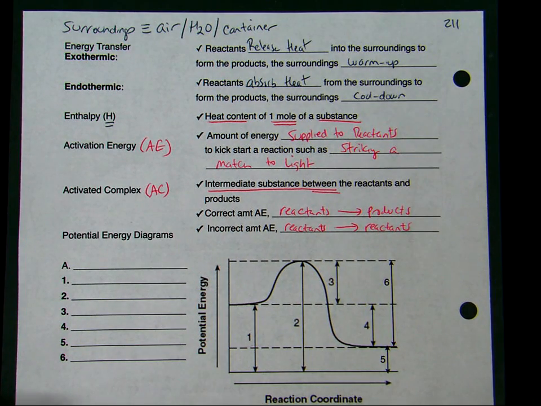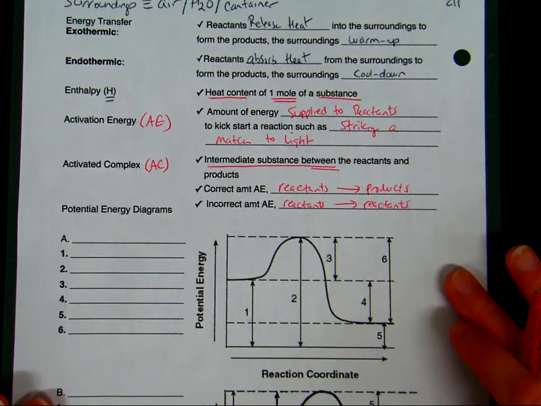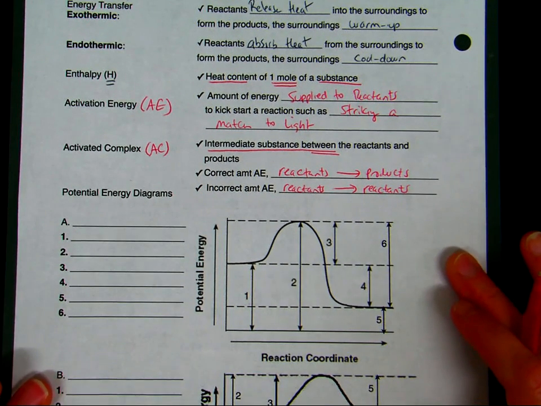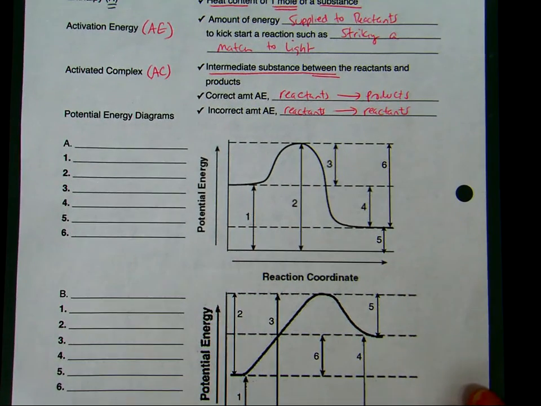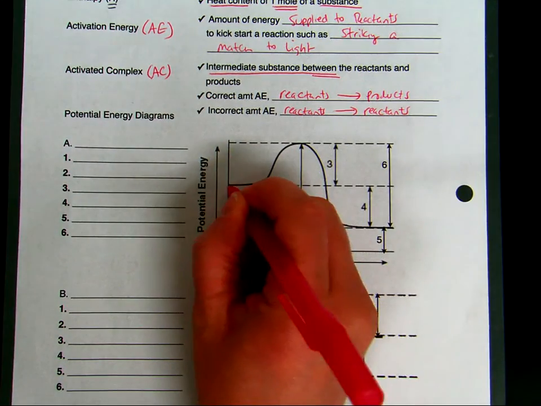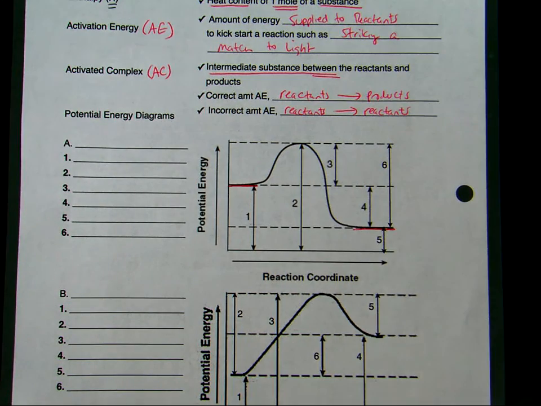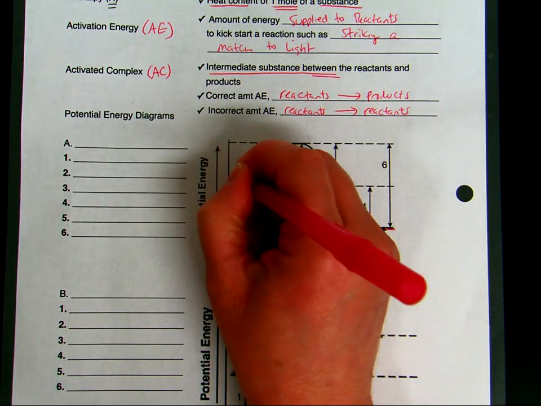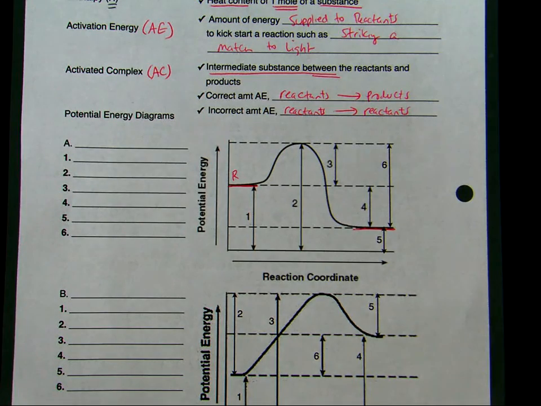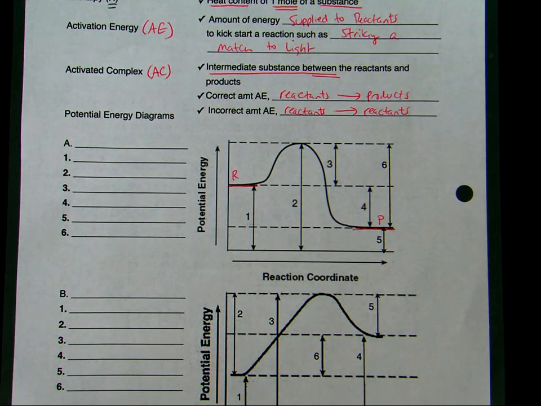Okay? So now let's take a look at these diagrams. Earlier in the school year, I introduced potential energy diagrams. They have the two platforms and a hill that connects them. The platform most to the left always represents reactants, and the platform to the right always represents the products.